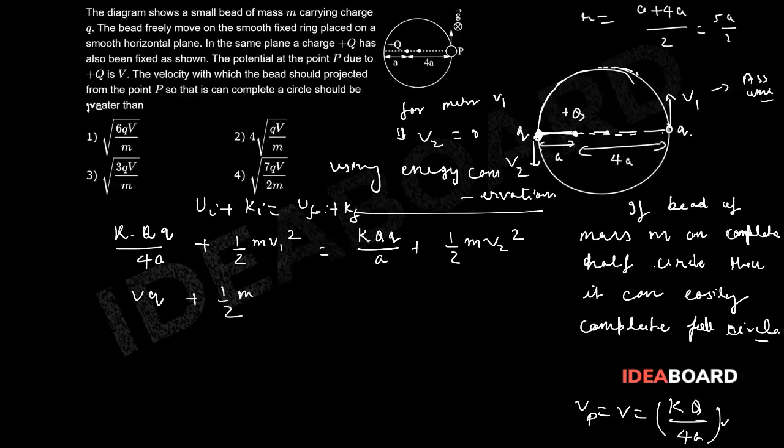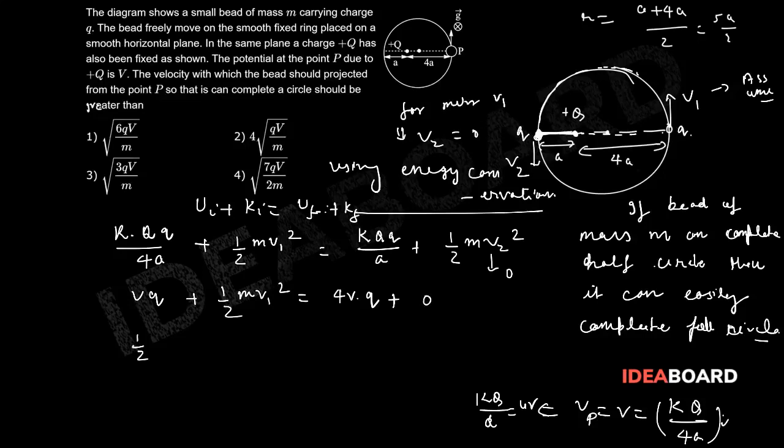So this will be Vq, plus half m v1 squared, equals kq/a times q. We can substitute the value of kq from here, so kq/a will be equal to 4V. So this will be 4Vq plus half m v2 squared, which is 0, so this becomes 0, right?